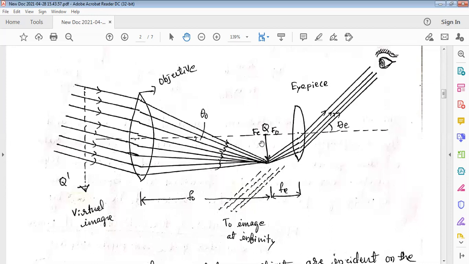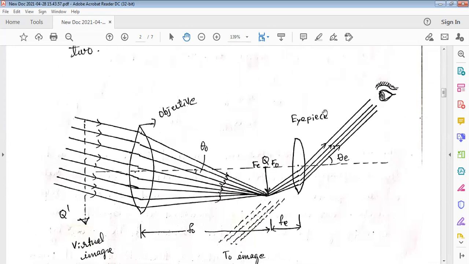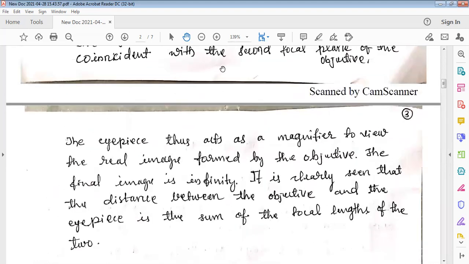So FE is the focal plane for the eyepiece, and on this side F0 is the focal plane for the objective. This is the construction, and you are looking here. The eyepiece thus acts as a magnifier to view the real image formed by the objective.